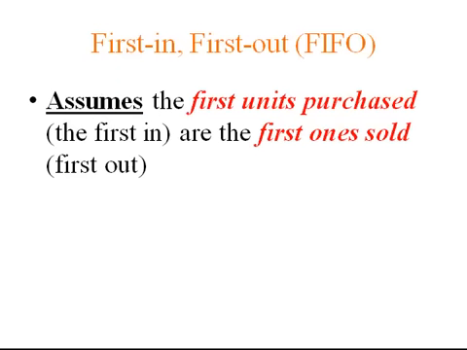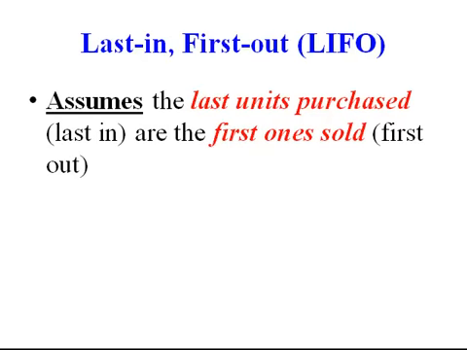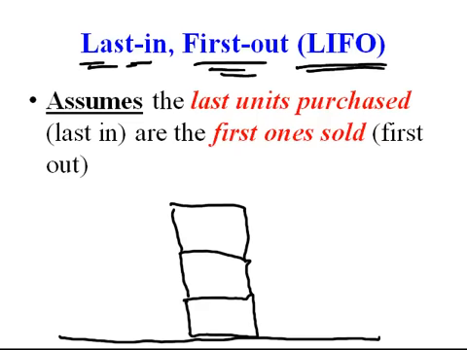The first method we will examine is FIFO, which stands for first in, first out. The assumption here is that the first units purchased are the first ones sold. An alternative assumption is LIFO, that the last units purchased are the first ones sold. To illustrate, assume that in January we bought a box, and then in March we bought a box, and in June we bought a box.